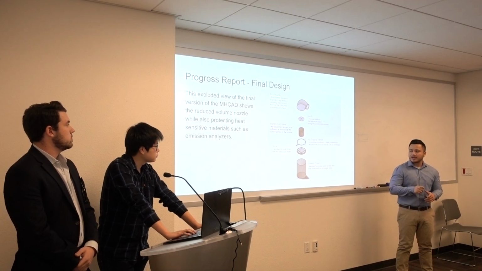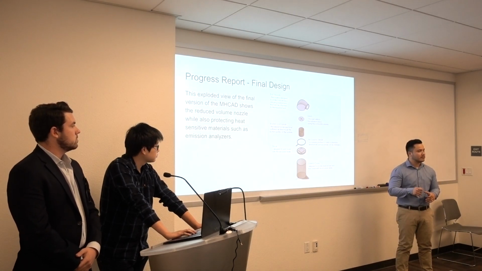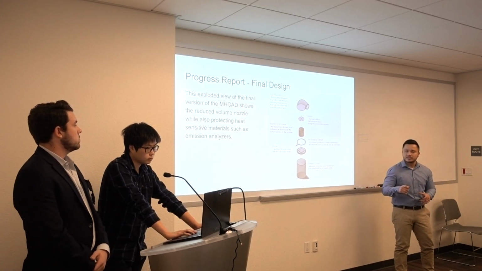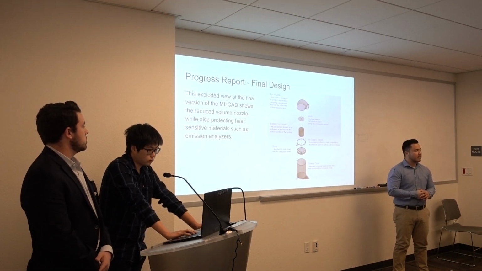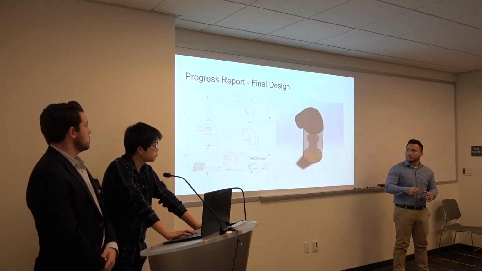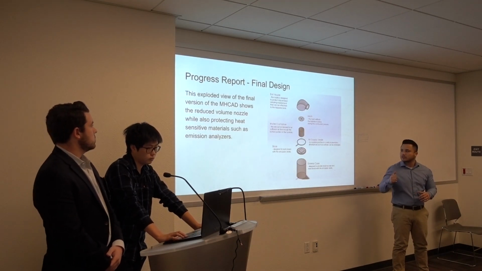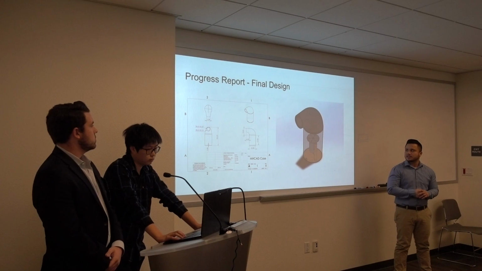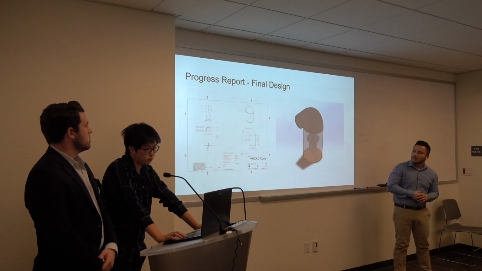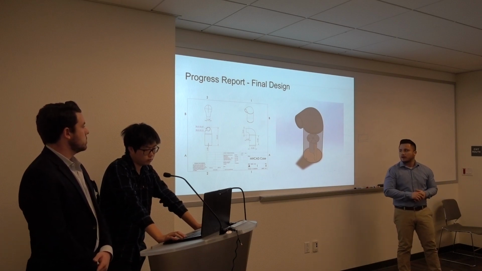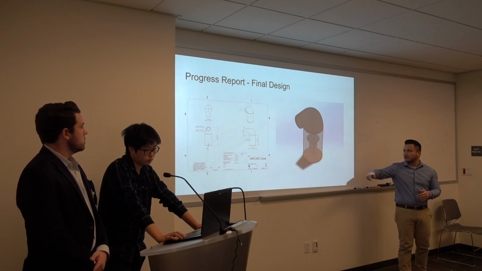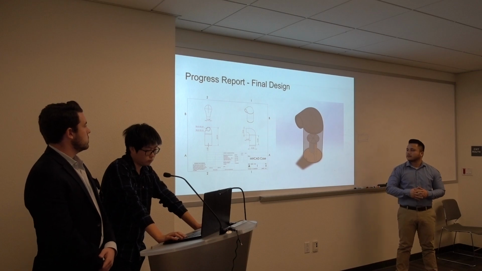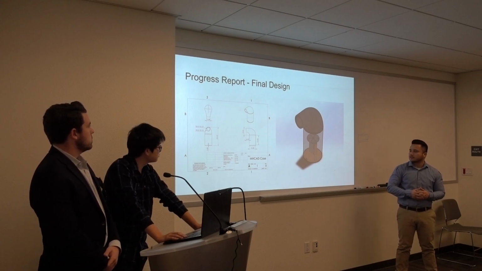There's that aspect of design, and there's also the aspect that we simply need to protect the analysis devices, such as emissions analyzers and so forth. So, the tapered nozzle, you can go to the next slide. The tapered nozzle actually protects the emissions analyzer. And as you can see, those are the dimensions of our device, and that is the interior design of the methane hydrate combustion analysis device.